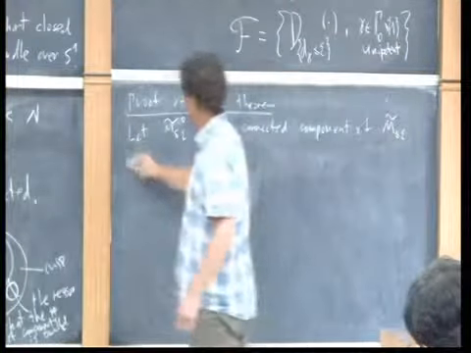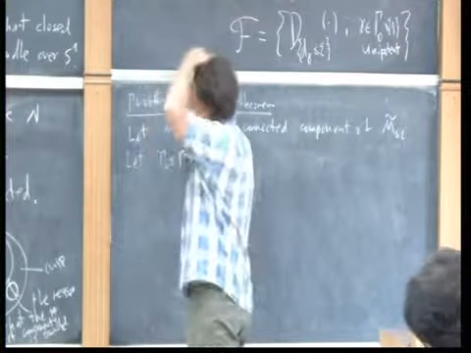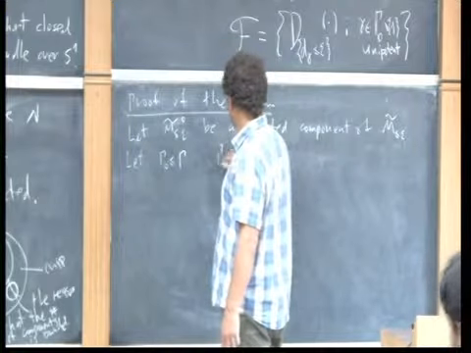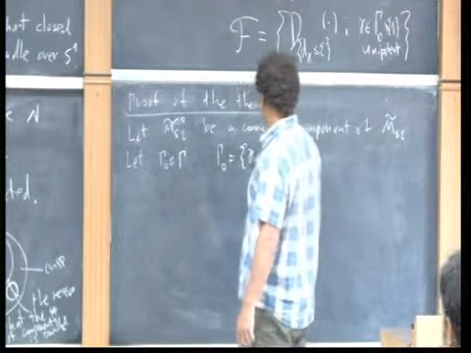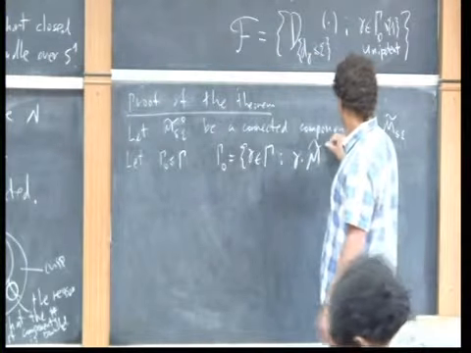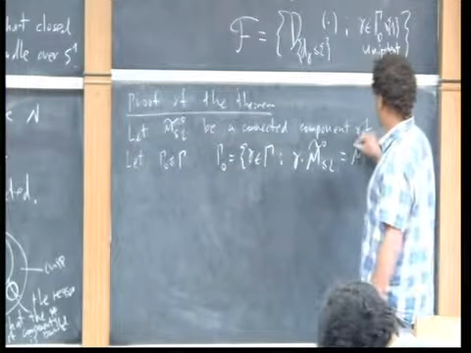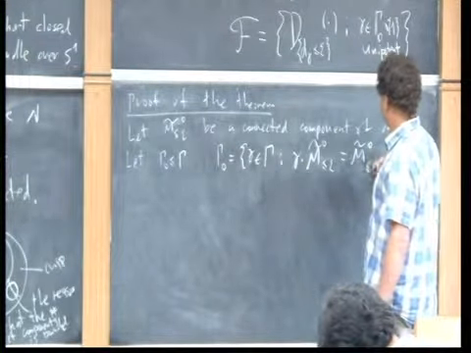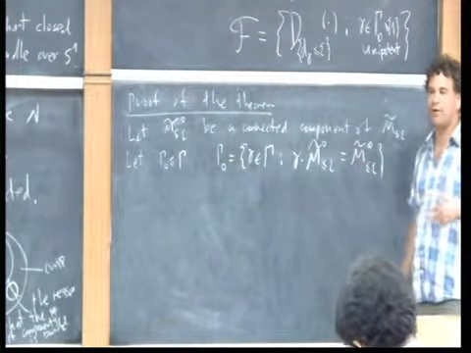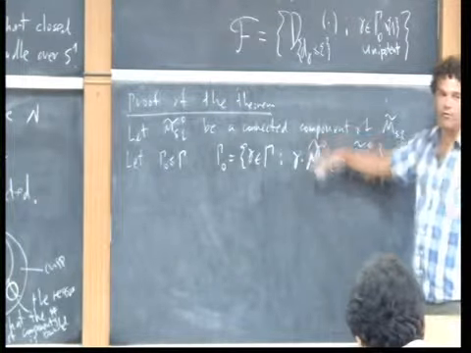And let gamma naught inside gamma be the elements. Gamma naught is all gamma in gamma such that gamma takes this component to itself. So this kind of set is called gamma precisely invariant. Every translation of them is either the same or disjoint.